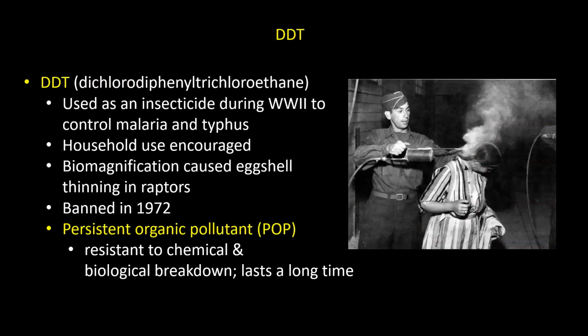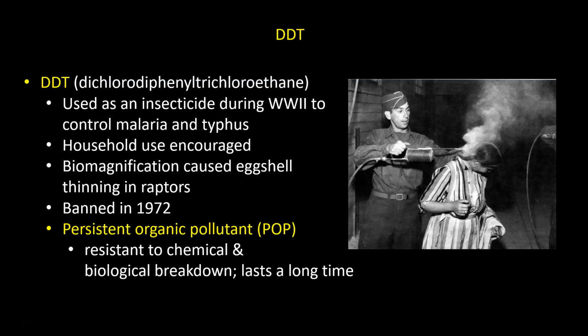A great example of biomagnification and its associated problems is with the now banned chemical DDT. DDT stands for dichloro-diphenyl-trichloroethane, and it's a chemical compound whose use as an insecticide was discovered in 1939 by Paul Hermann Mueller.